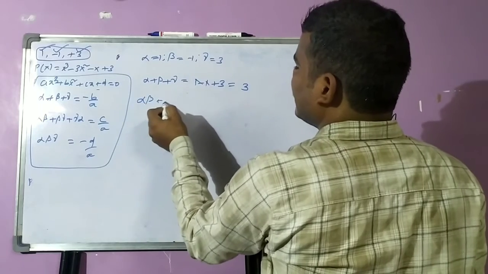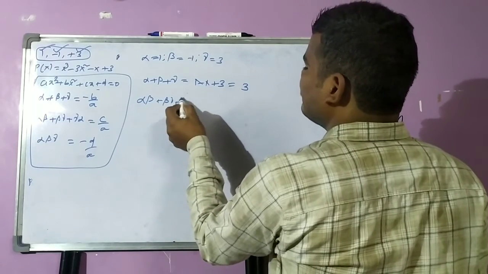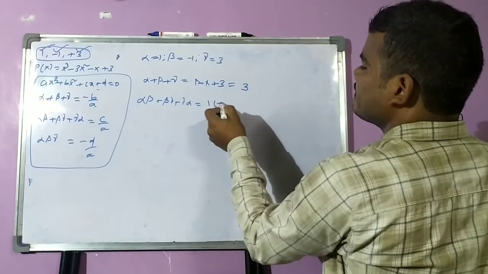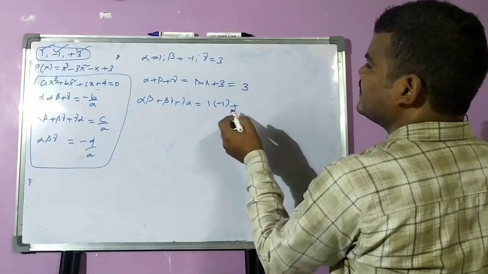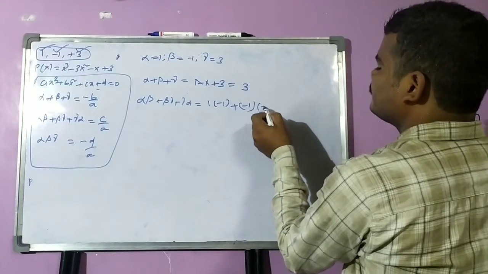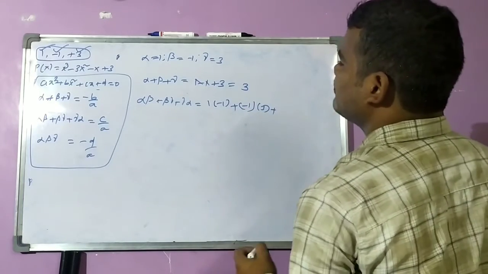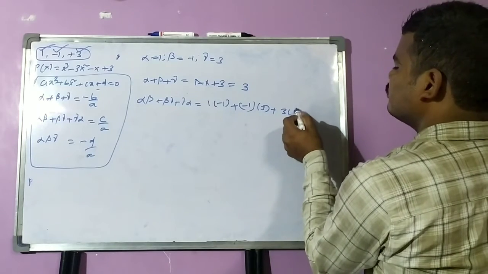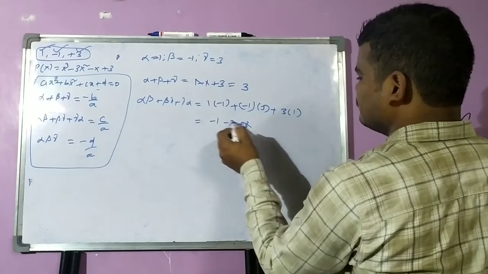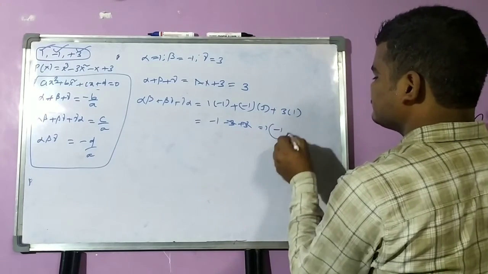Alpha into beta, beta into gamma, gamma into alpha means what? Alpha is 1, beta is minus 1, gamma is 3. So 1 into minus 1, plus beta into gamma, minus 3, plus gamma alpha, 3 into 1, that is 3. Minus 1 minus 3 plus 3, both are getting cancelled. Answer is minus 1.